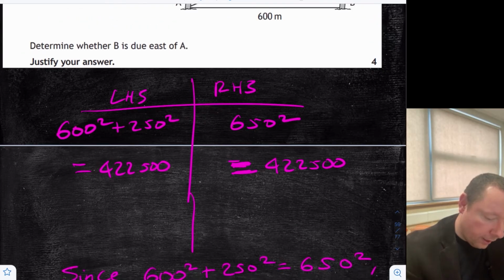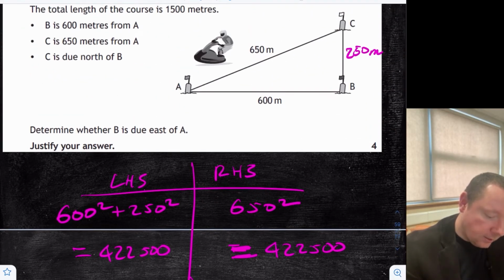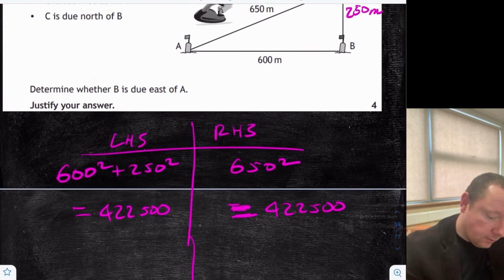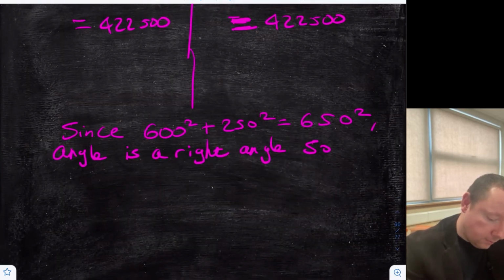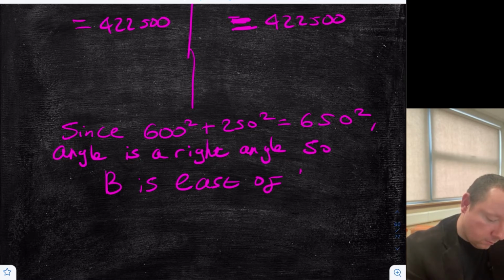So we could then write what we're trying to say. B is east of A. And we're done.